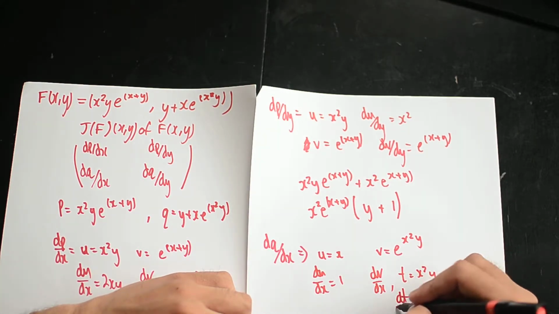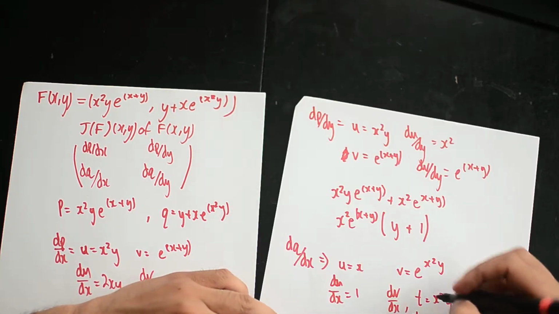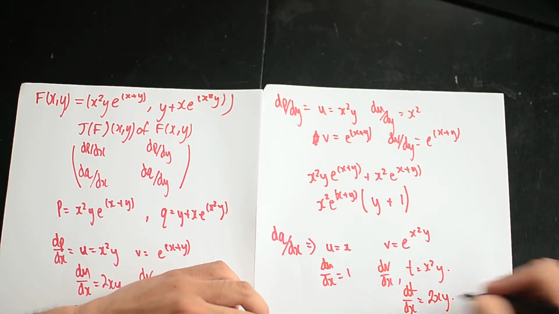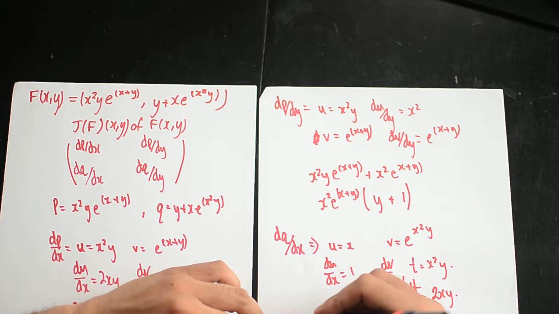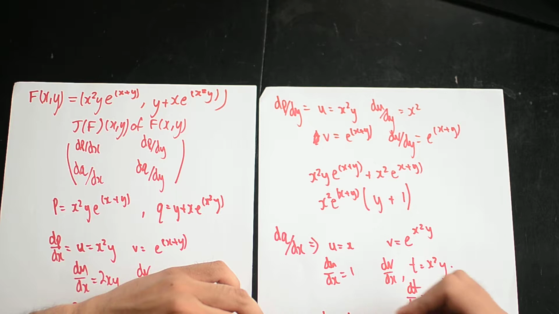Let's do dt over dx, which is 2xy. And obviously v equals e to the t. dv by dt will be e to the t. dv by dt multiplied by dt over dx cancels out your x terms.